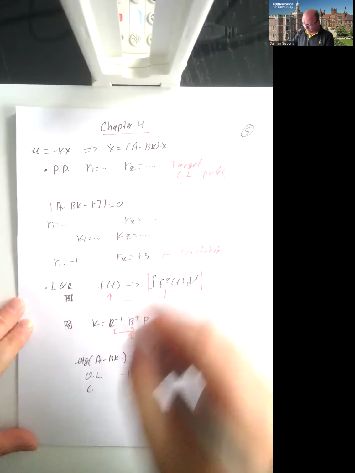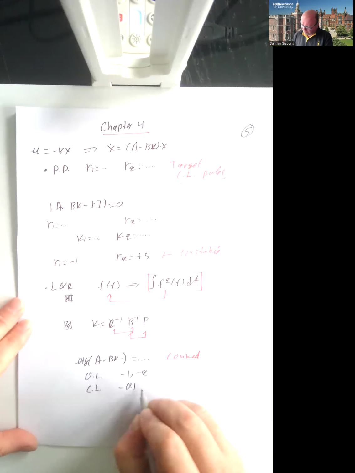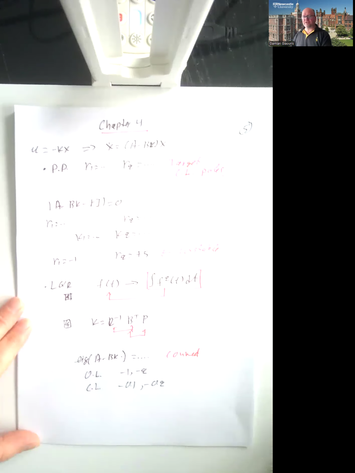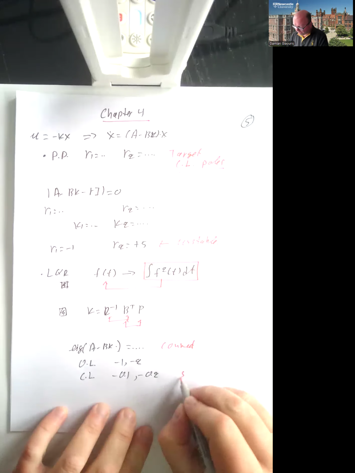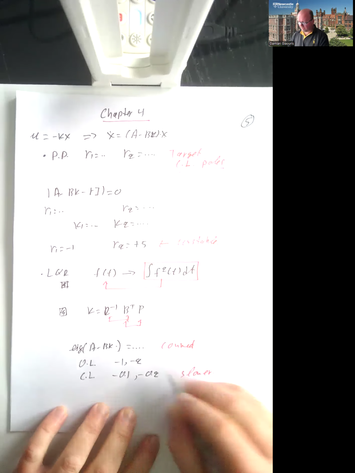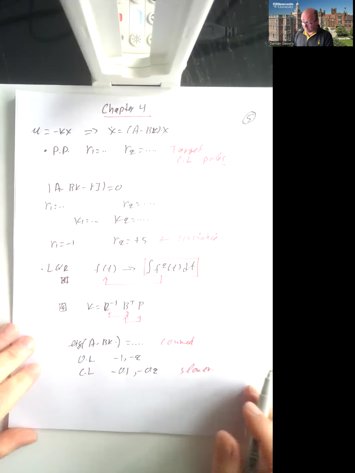If by using this LQR controller you go then to -0.1, -0.2, then obviously you have done something wrong here because this system is slower than this one. So the question here is, why on earth should I make my system slower?